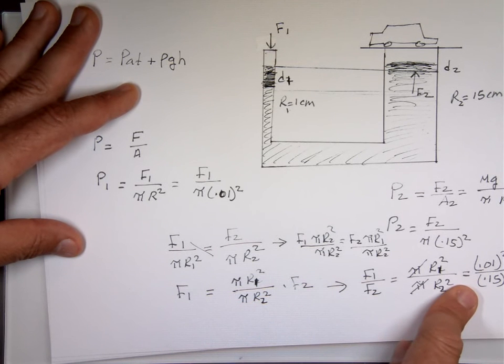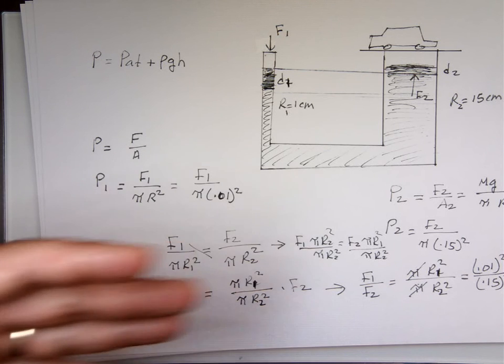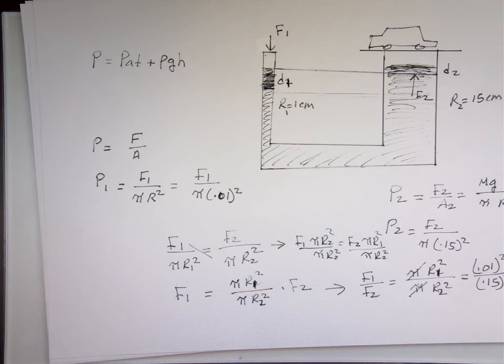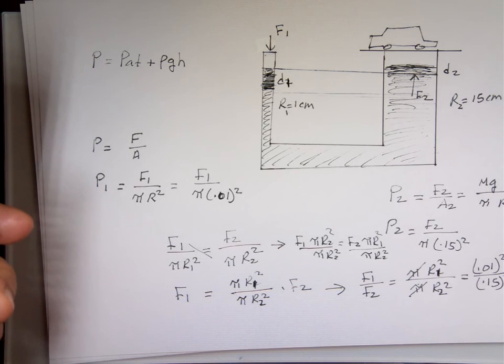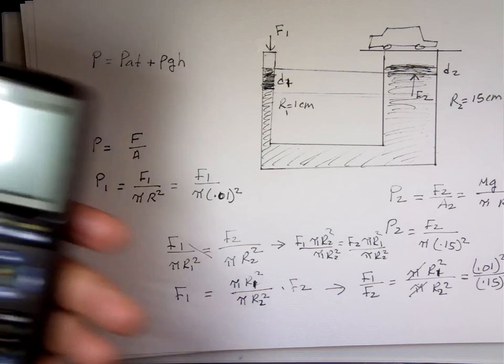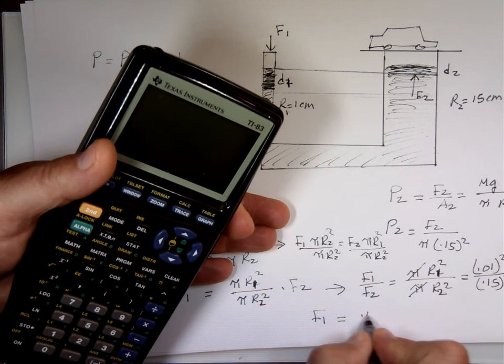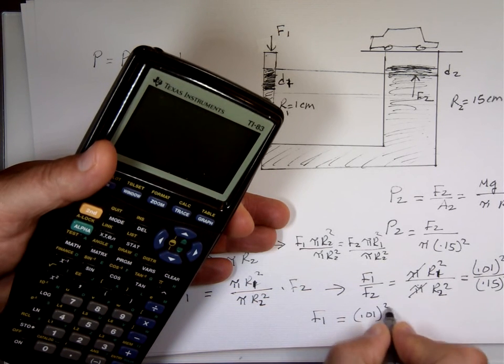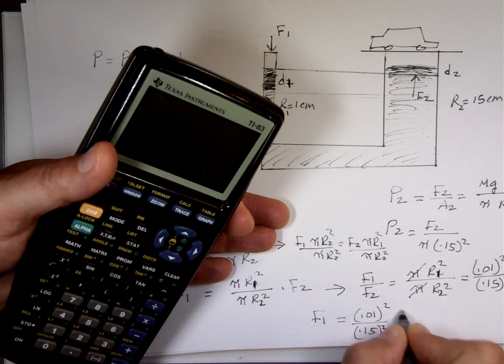So force 1 will have to be much, much smaller than force 2. Just to give you an idea, if the car weighs let's say 2,200 pounds, force 1 will have to be 0.01 squared over 0.15 squared times 2,200 pounds.